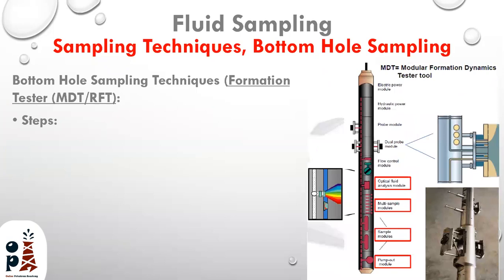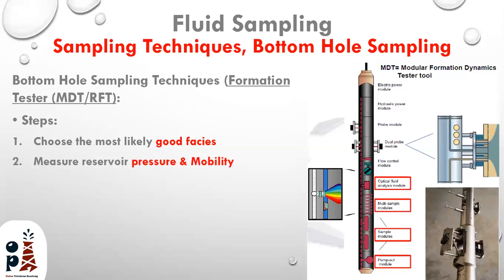For MDT sampling steps, first, we choose good stations that have high mobility, which can help us in our sampling process. Then we measure the pressure and the mobility.